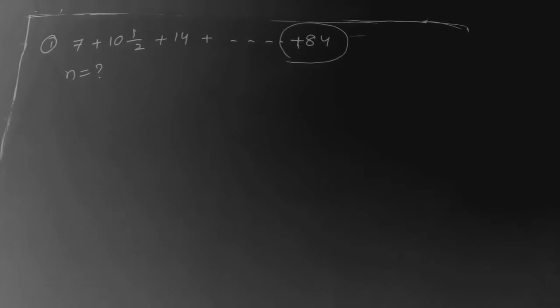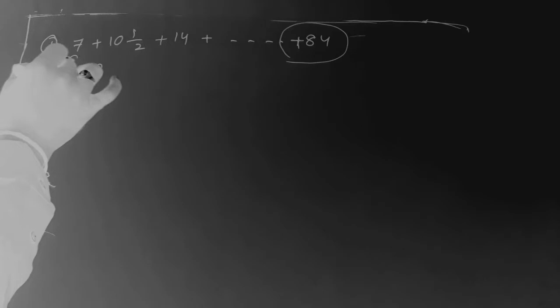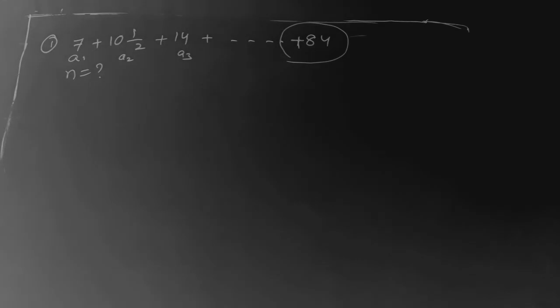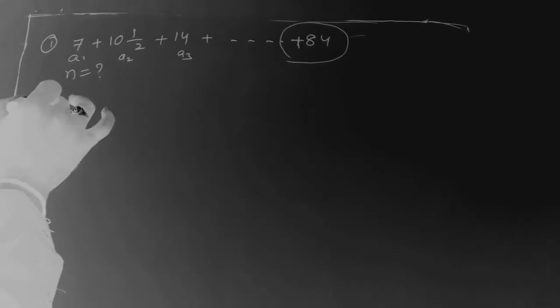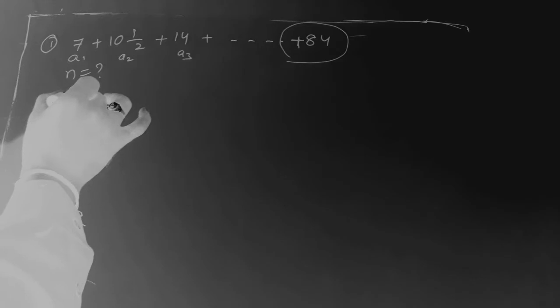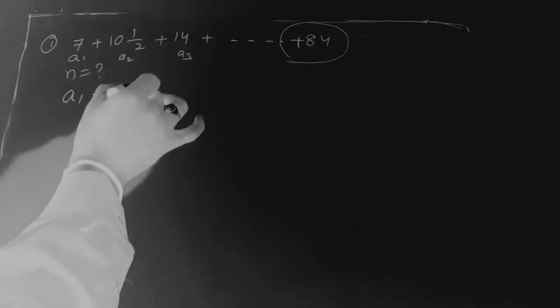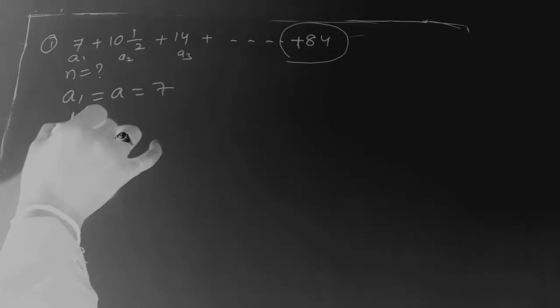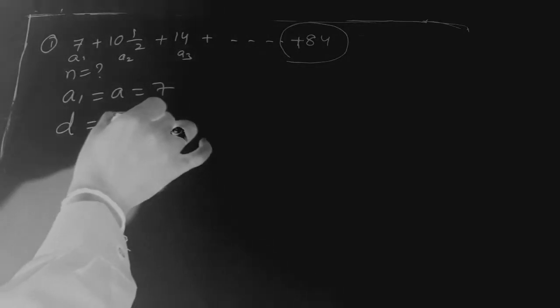Now you see here, what is the first term in this series? This is a1, this is a2, this is a3, and so on. So now here we will find the first term. First term a1 is equal to a is equal to 7. The common difference is nothing but a2 minus a1.